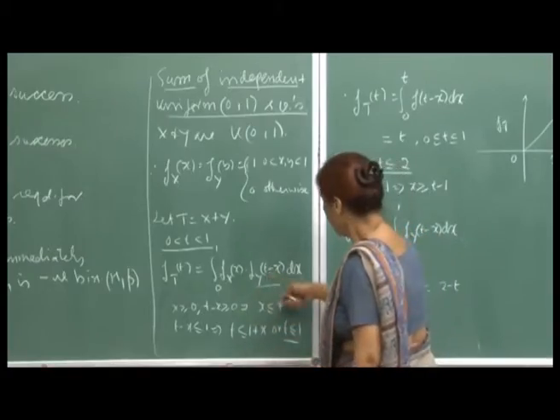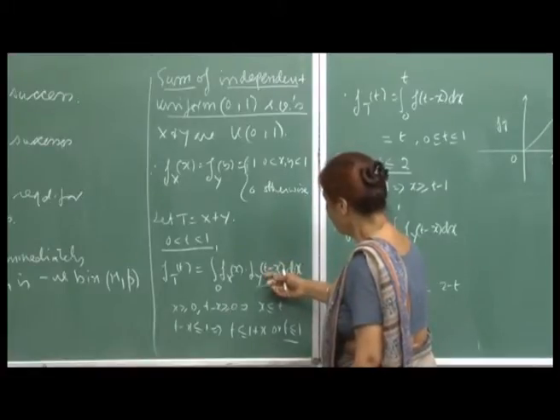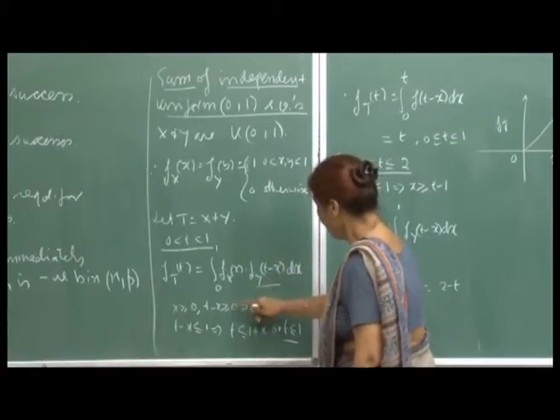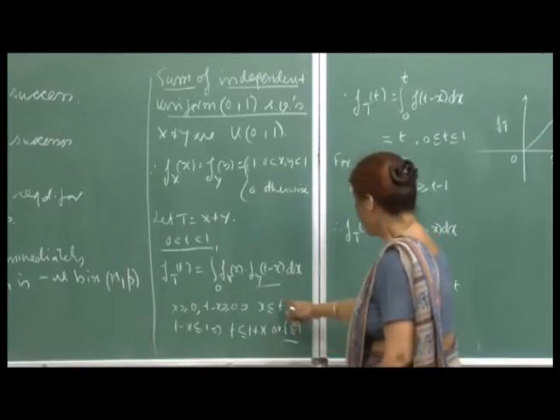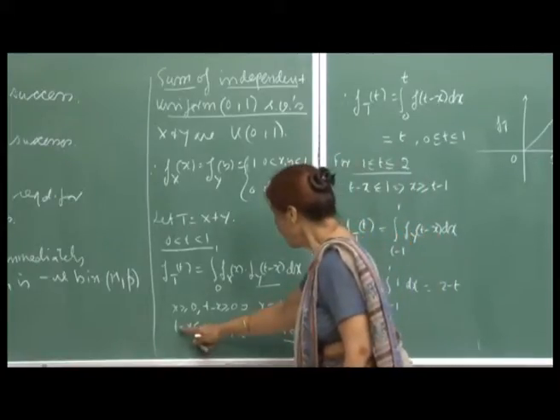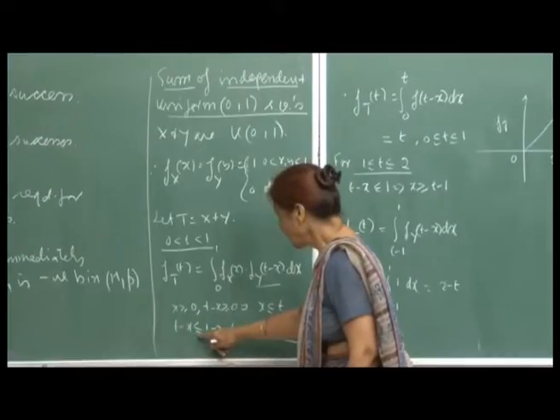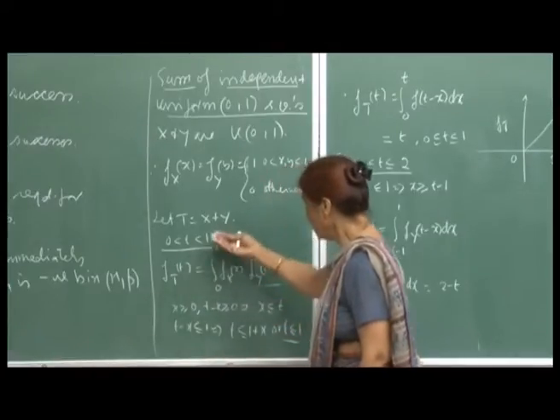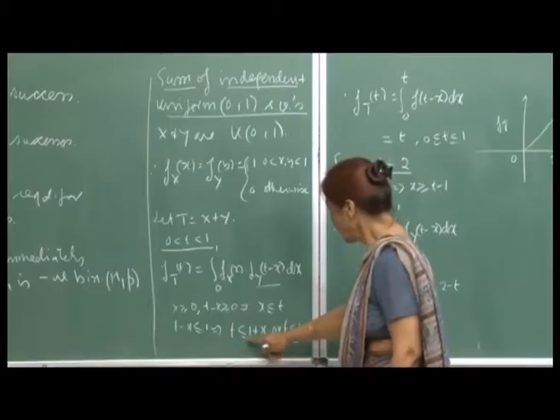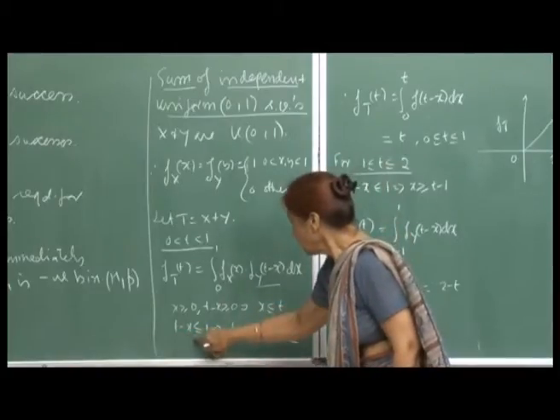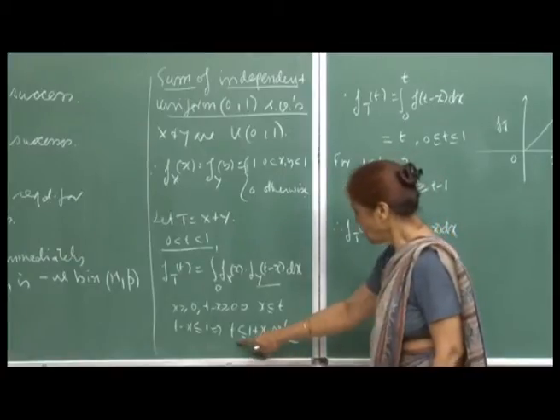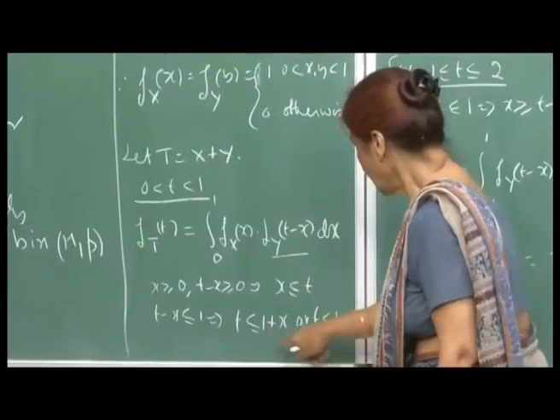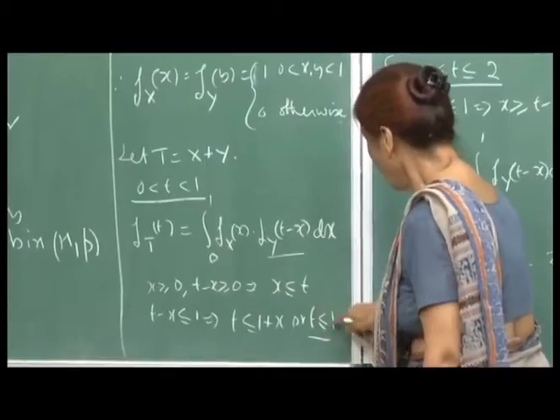This is not defined for t minus x being negative. So, t minus x has to be non-negative, which requires that t should be greater than or equal to x, and also t minus x should be less than or equal to 1. So, t must be less than or equal to 1 plus x. Since x can take the value 0, you see immediately that t cannot be more than 1.